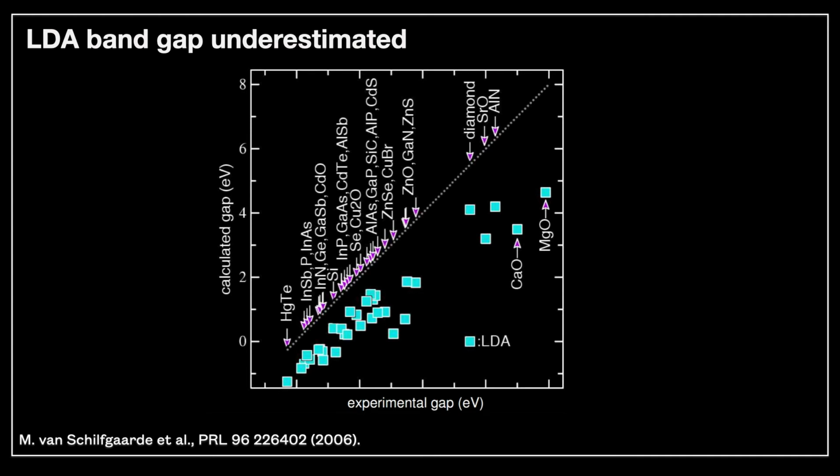Now, what I like to say, and this is something that's always important to remember, when we talk about bandgap in LDA or DFT in general, we're always talking about the energy gap between the highest occupied Kohn-Sham orbital and the lowest unoccupied Kohn-Sham orbital. So I like to insist on the fact that Kohn-Sham orbitals do not have a physical meaning.